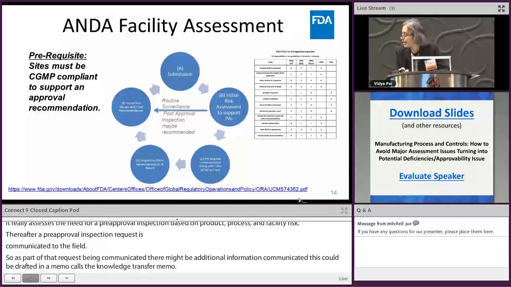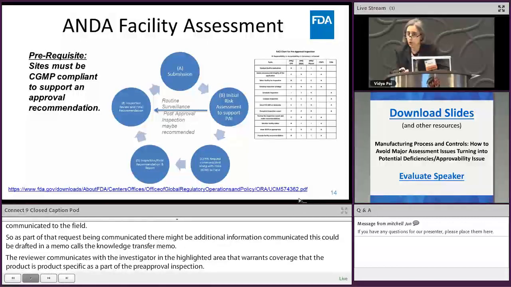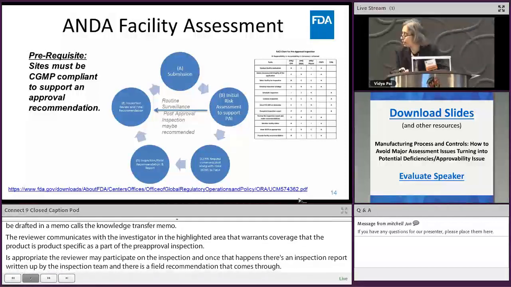Once the inspection happens, there's an inspection report that's written up by the inspection team, and there's a field recommendation that comes through. The facility reviewer or the manufacturing reviewer at that point will take the recommendation from the field, the inspection report, and also any responses that you may provide as to the 483 observations, and make a comprehensive assessment around approvability of the application from a facility's perspective.